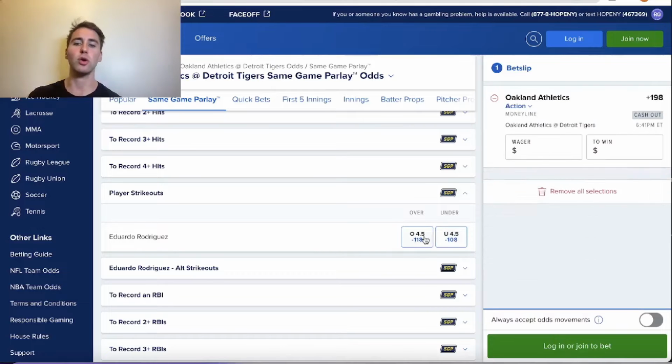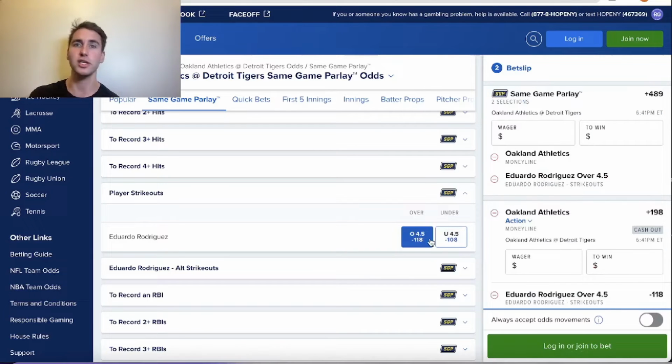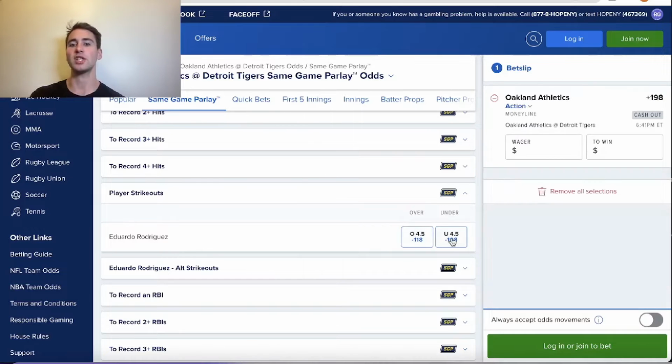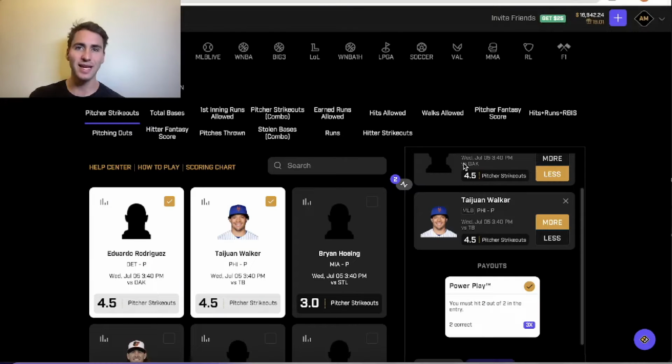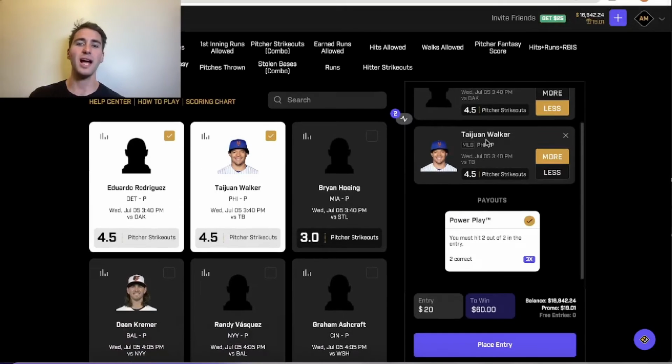So now you're only betting 100 to win 355 in profit. Long story short, sportsbooks like FanDuel, DraftKings, Caesars, traditional sportsbooks, already have models that price in correlation. So if I switch Rodriguez from an over to an under, they're changing the payout in a big way to price in correlation, whereas that's not the case on PrizePicks. On PrizePicks, if I change Rodriguez from an over to an under, you're going to see I'm always getting this little 3x payout.